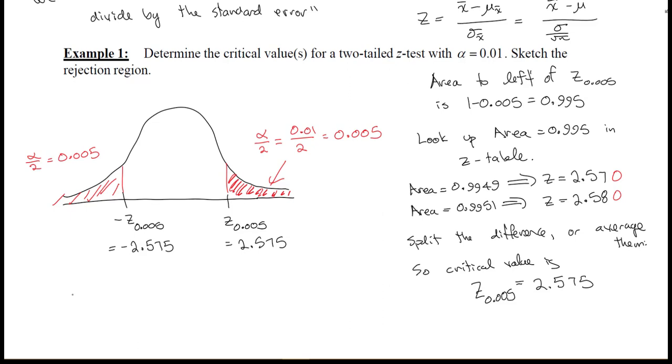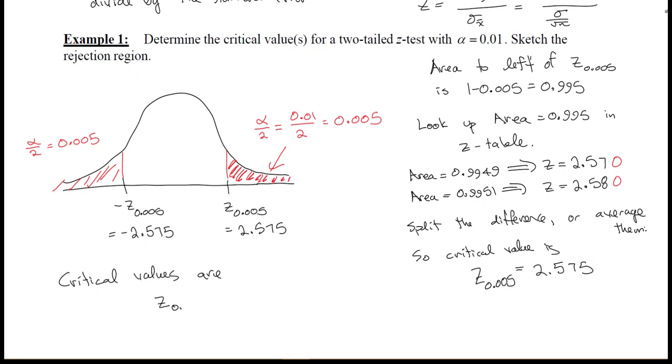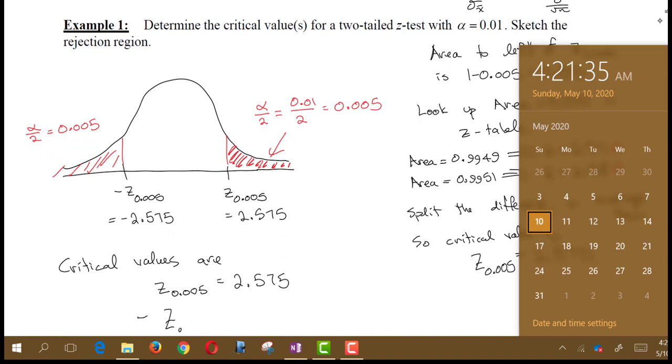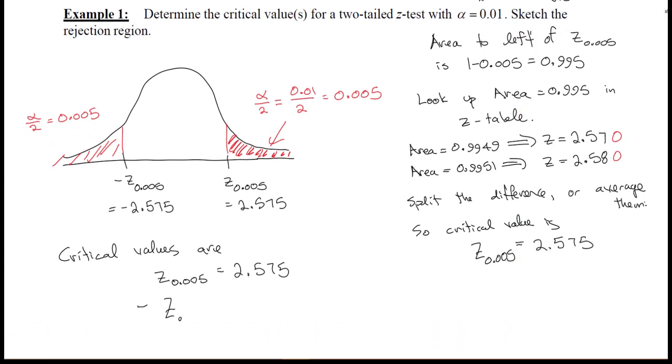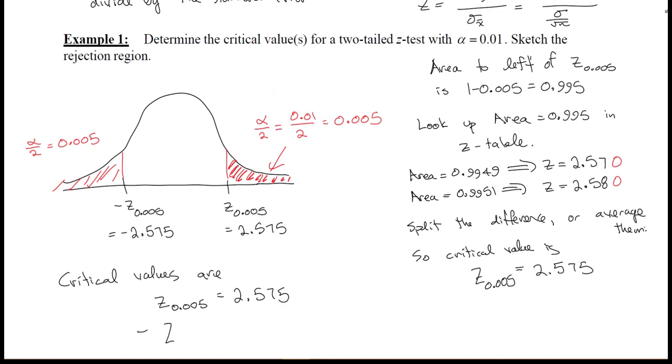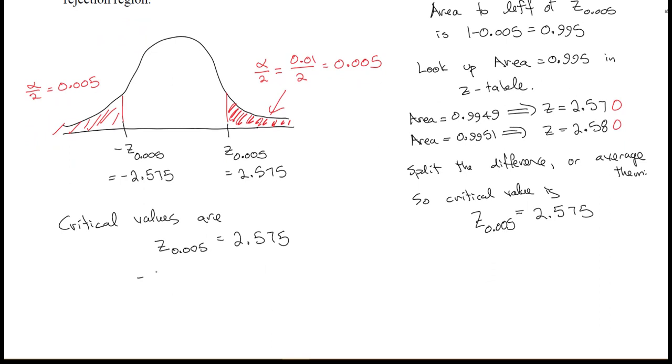So if somebody asks me to write down the critical values, there's actually two of them, and I want to make sure I get them both. And let's label them properly as well. z.005 equals 2.575, and negative z.005 is equal to negative 2.575.